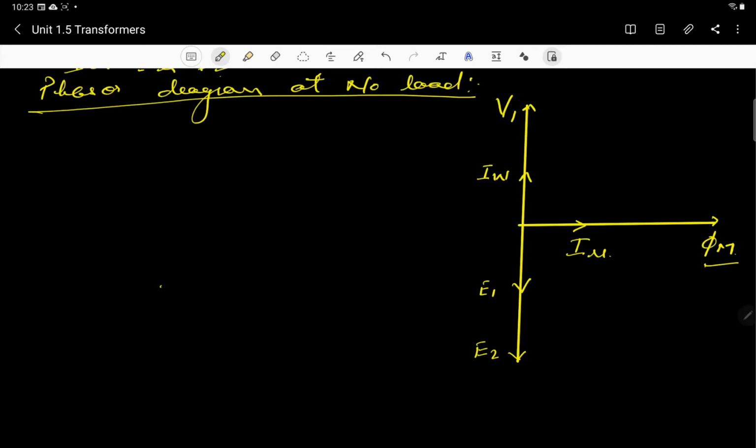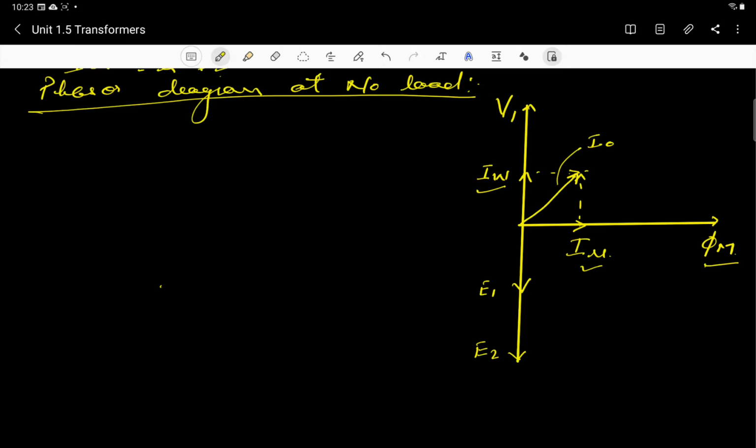So what we need to do is draw I naught, and I naught is the sum of simply IW and I mu. You all know that parallelogram and all those methods you have studied earlier. So this will become like this. So I naught is this one. All right. So from this phasor diagram we can see that this is the phasor diagram of the transformer at a no load condition, when there is no load at the secondary side and the open circuit on the secondary side.